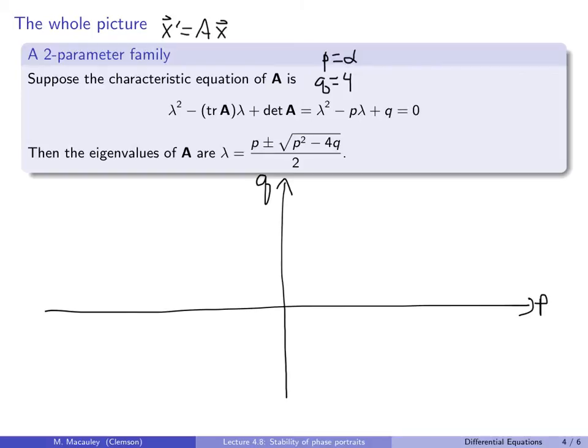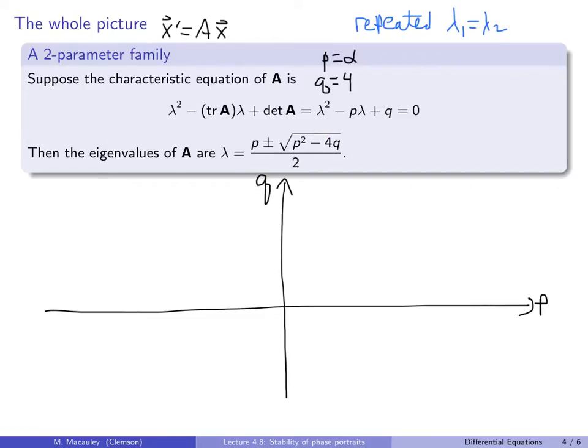Okay, so let me start with the special case when we have a repeated eigenvalue. Repeated lambda, that's going to occur when this discriminant is equal to 0.